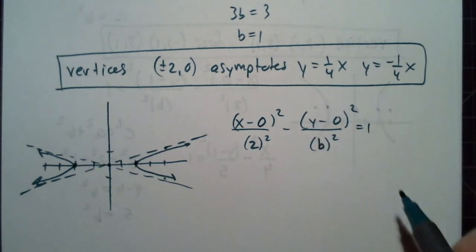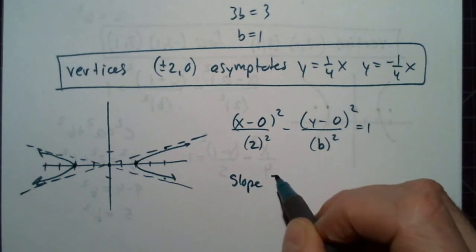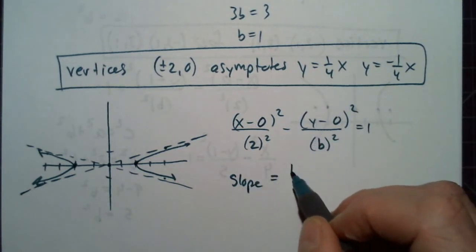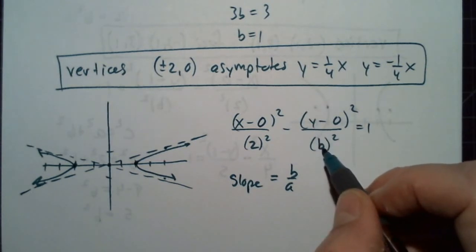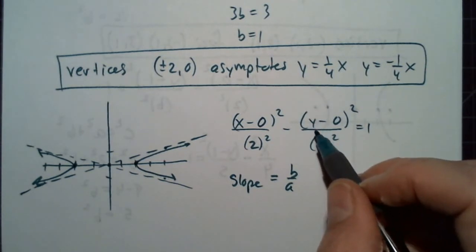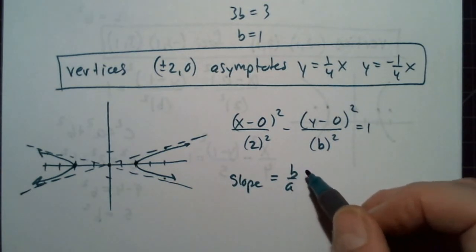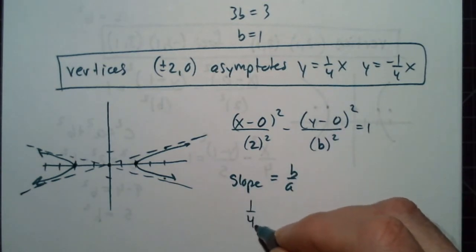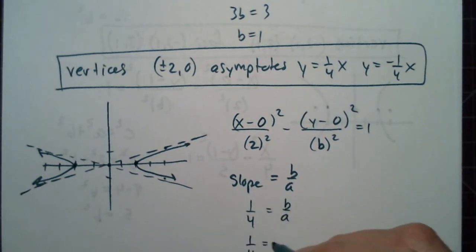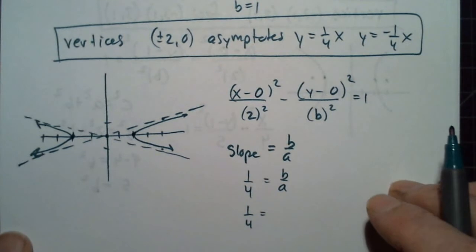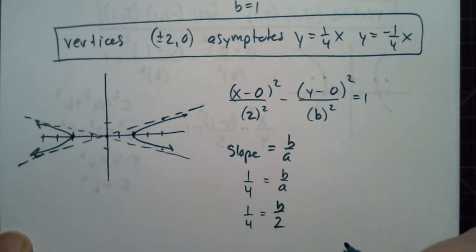We're going to solve for b. In this case, slope is b over a, because I always have to have the denominator of the y for the rise over run. And the slope is 1 over 4. Here we know that a is 2, so b over 2.